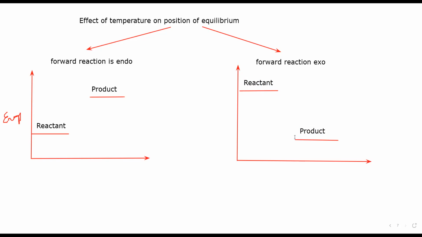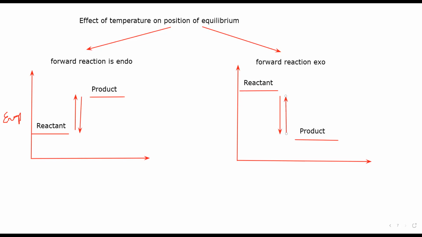So this is an energy diagram for reactant and product. Now, because it's a reversible reaction, the reactant can form a product and the product can decompose and form back the reactant.